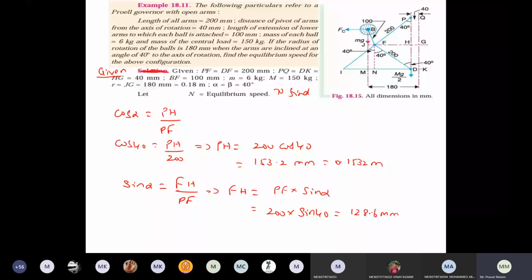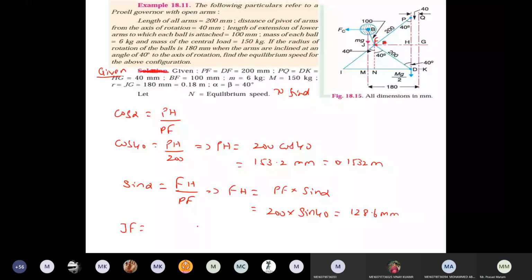I got sin alpha. Now what are the unknown terms still we are having here? JF. What is the unknown term? This distance JF. This is the point F. Okay, how to find the JF value from this? This distance JF I can write as JG minus FH.